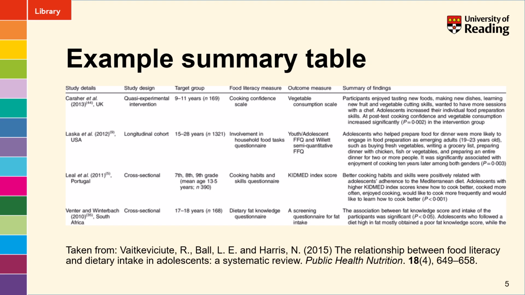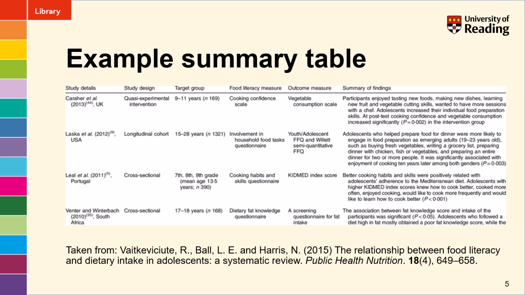This is an example of a summary table taken from a published article for a systematic review, and you can see the way they've picked out key bits of information that they wanted to analyse in the results that they'd found. So they've got the study details, which is the authors and the year, and also where that study took place.